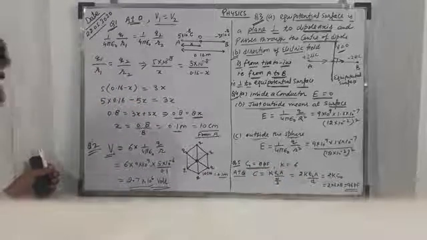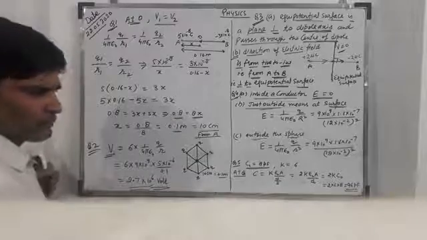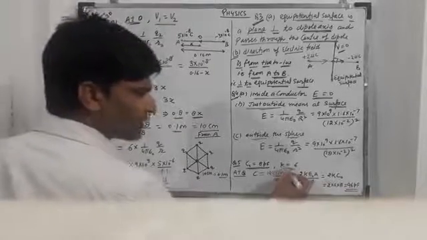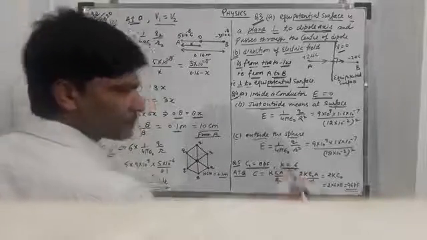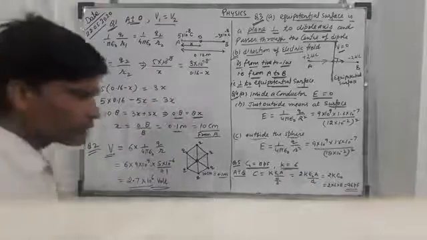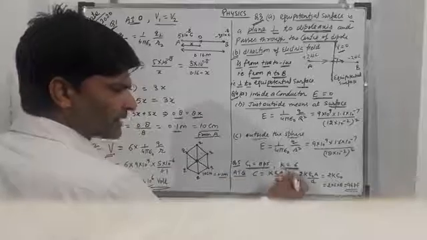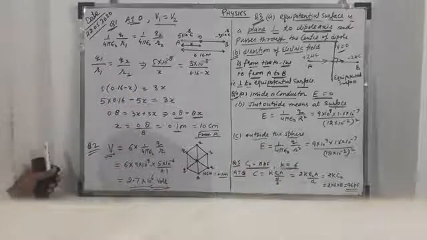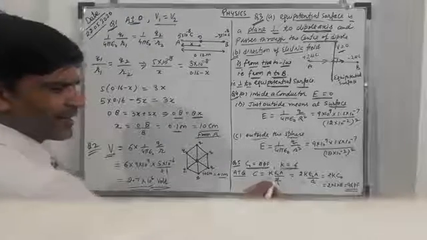Pico means 10 to the power minus 12 and the dielectric constant is 6. According to the question, the dielectric is placed between the plates of the capacitor and the separation is reduced by half.